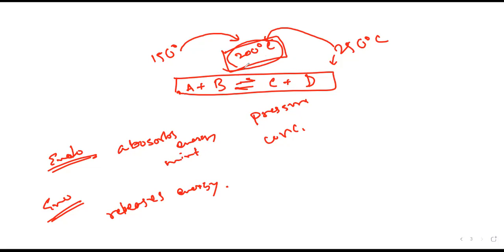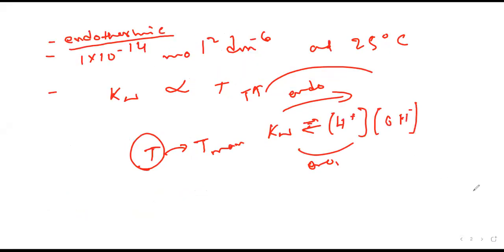However, if we take a situation where, let's say, we ignite fire, what will happen? The fire will release energy to the surrounding. That's why the surrounding temperature will tend to increase. That is what happens when we are beside, let's say, the kitchen. So if we increase the temperature, we have to move in the direction where the temperature will be decreased.